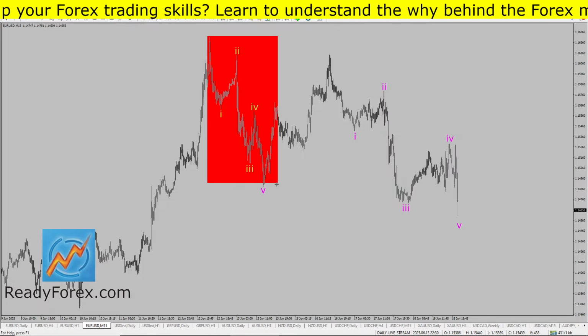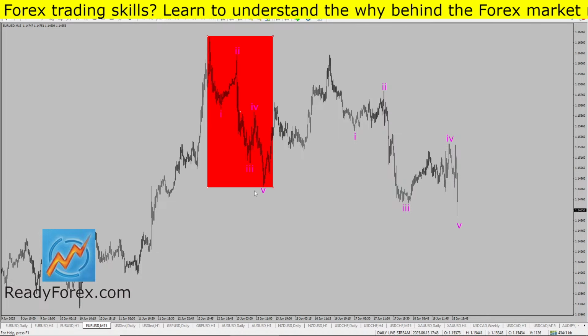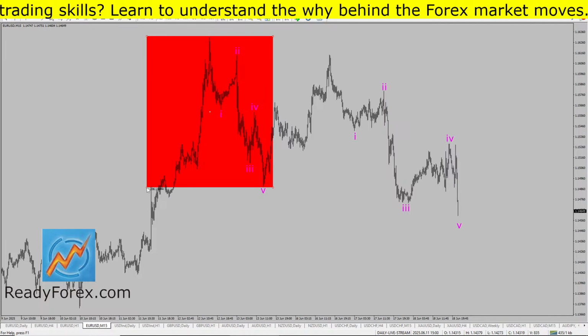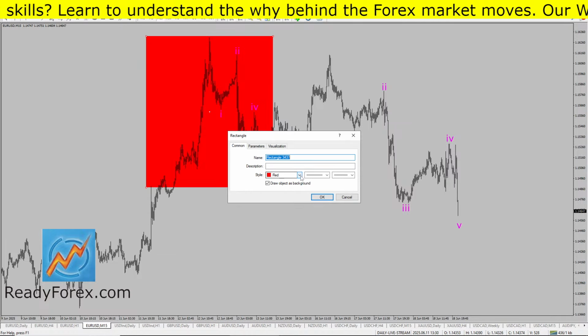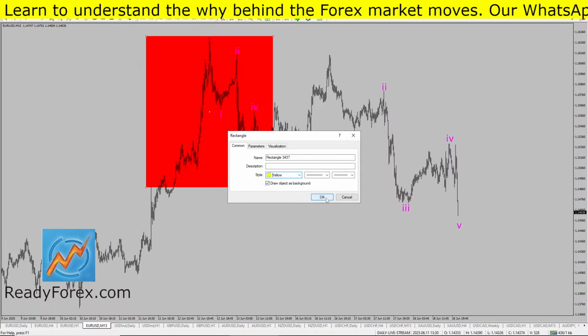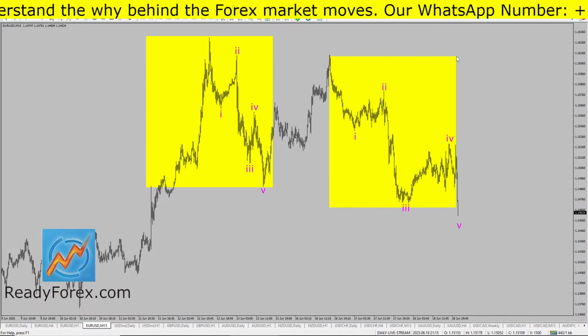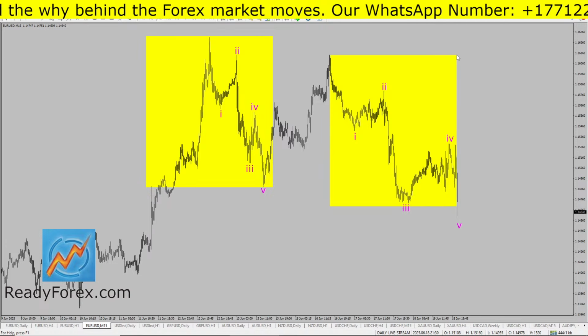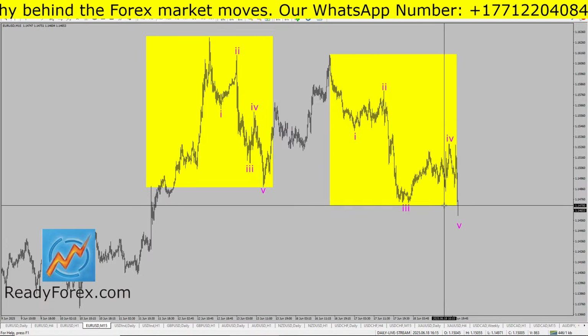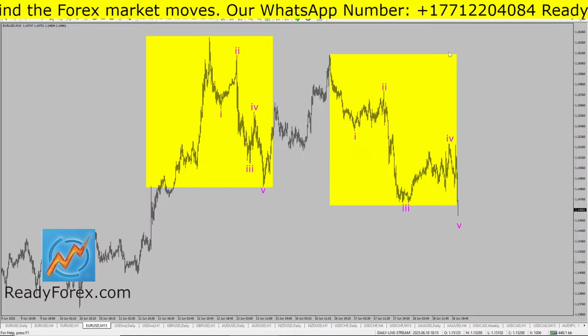So if I measure the length of this first leg over here, somewhere around this area, it actually went a little bit lower than that.